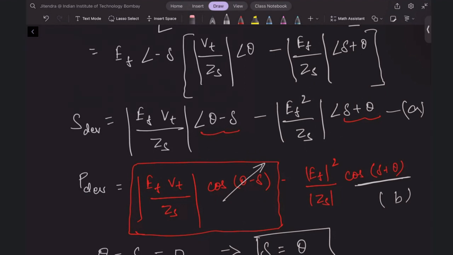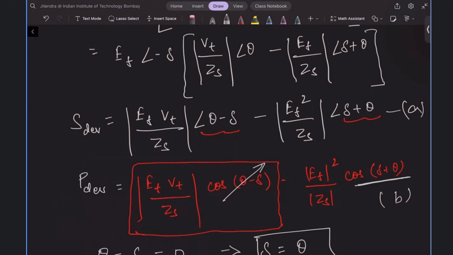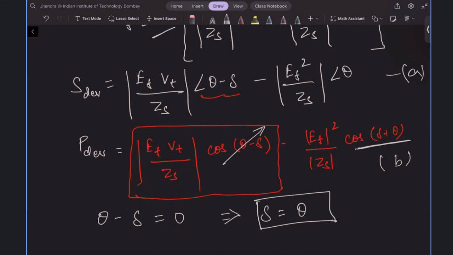In A, it should get cancelled. Okay, let me see. Yes, thanks a lot. This minus delta and this plus delta will be cancelled because it is minus, it is plus. So only theta will be present. Thanks a lot for pointing that out. Okay.